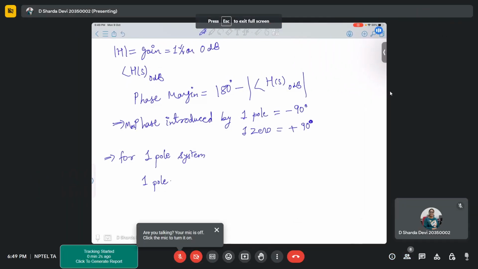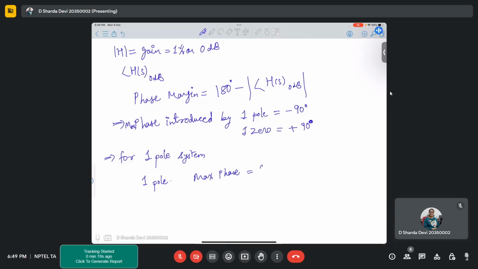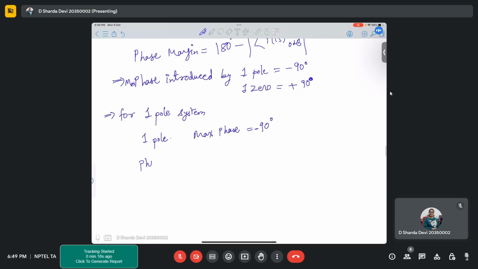For a one pole system, there is only one pole. So the max phase that it can introduce is minus 90 degrees, right? So if I write the phase margin at any gain, it will always be 180 minus mod of minus 90.